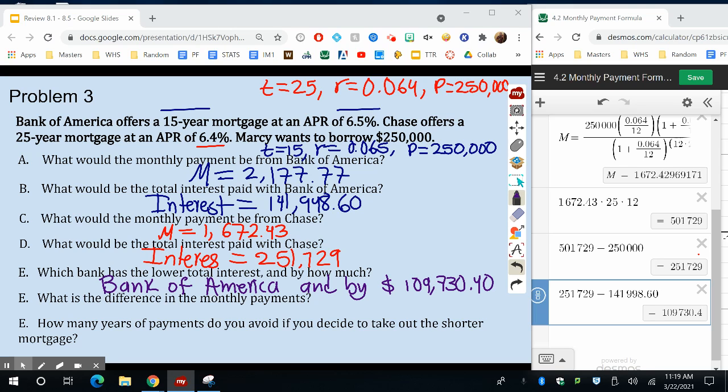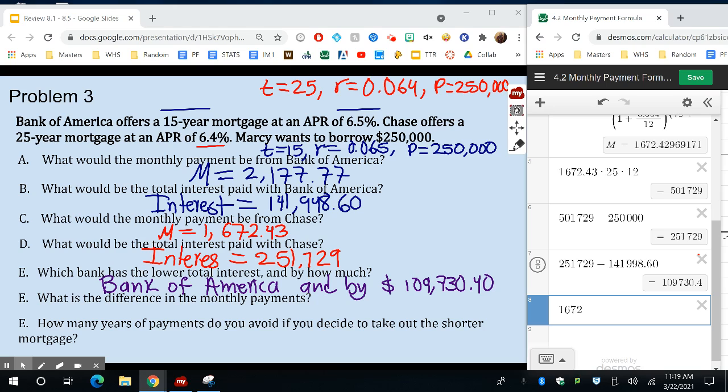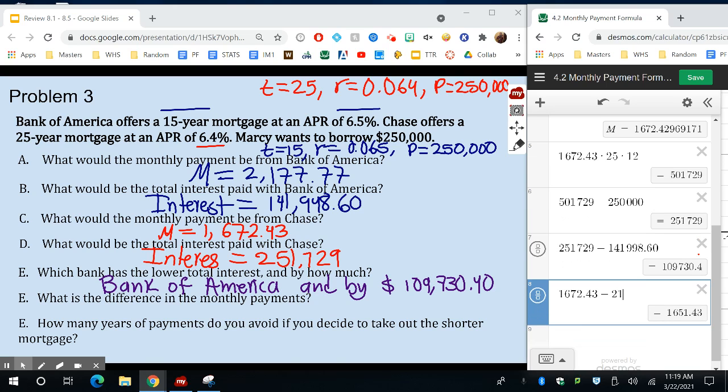What is the difference in the monthly payments? Now we're gonna do the same thing, but with the monthly payments. So we're gonna subtract the monthly payment for Bank of America, which is 1,672.43, that was Chase, minus Bank of America, which is 2,177.77. So here we know that there's a difference.